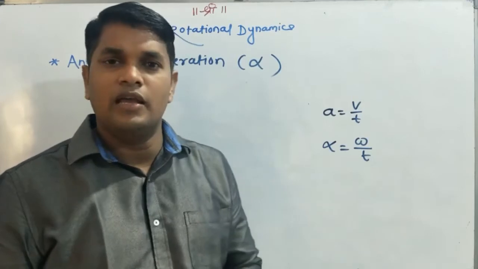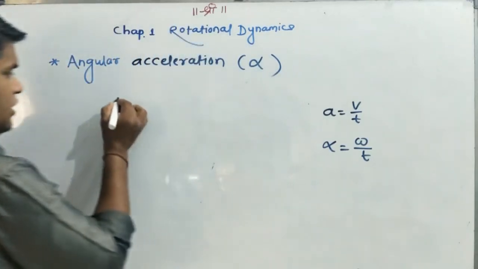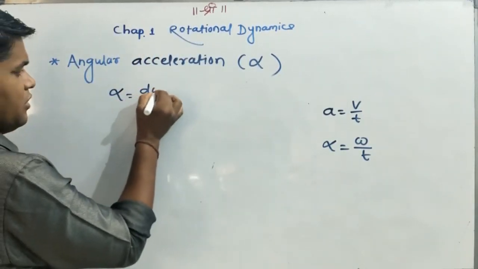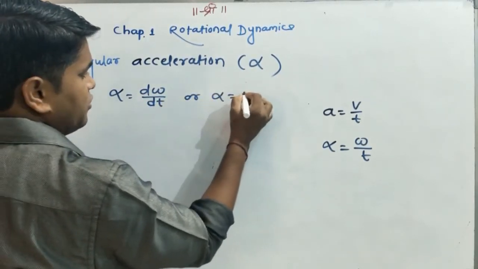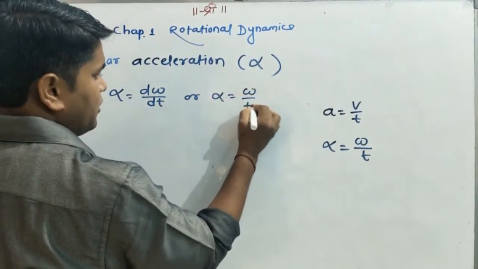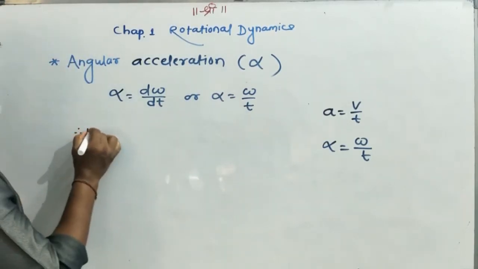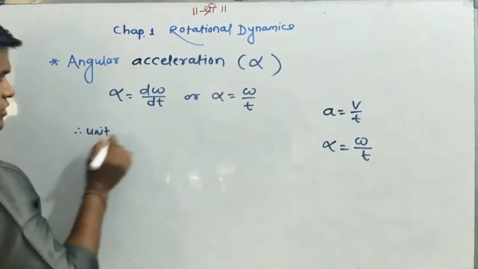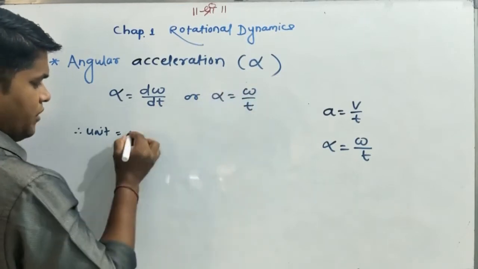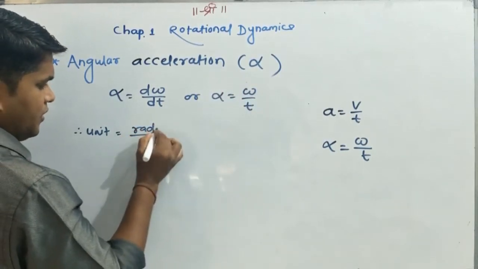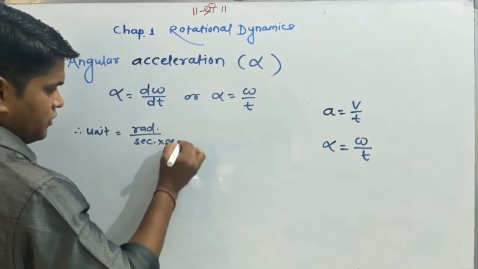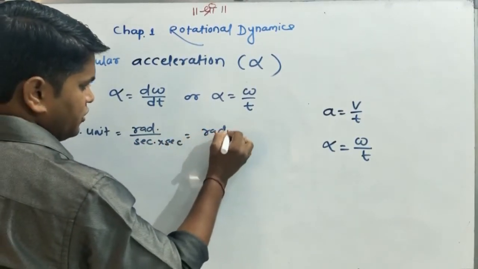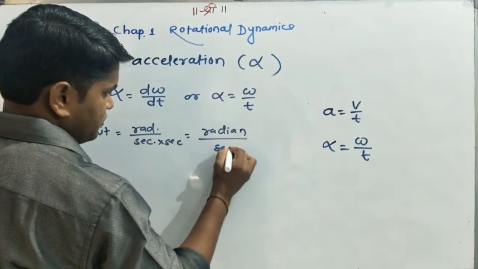So alpha is d omega upon dt, or alpha is equal to omega upon t. Its unit: omega is radian per second, upon time means into second, so we get radian per second square.